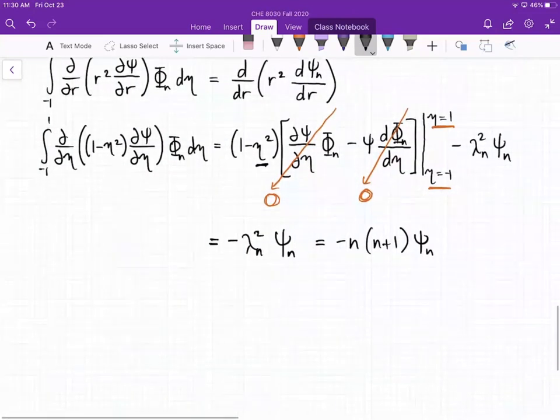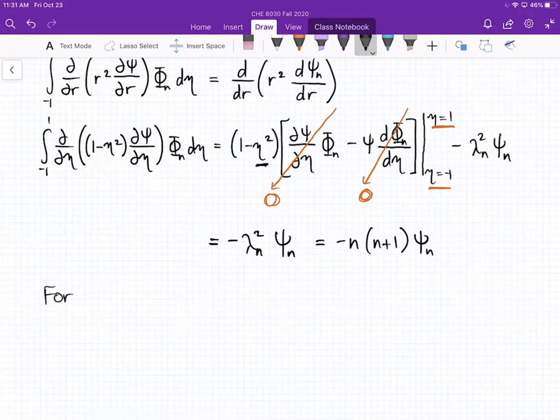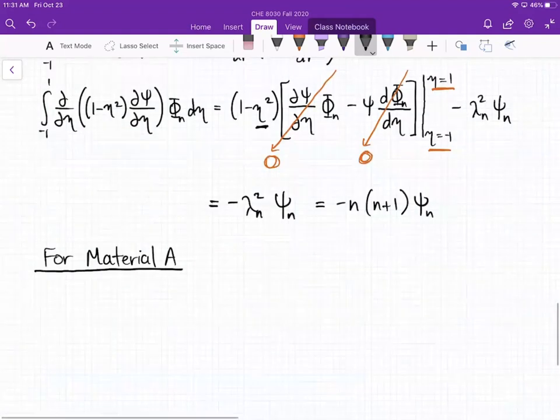I can take those transformed terms, combine them back into a differential equation. And so for material A, I end up with the following equation.